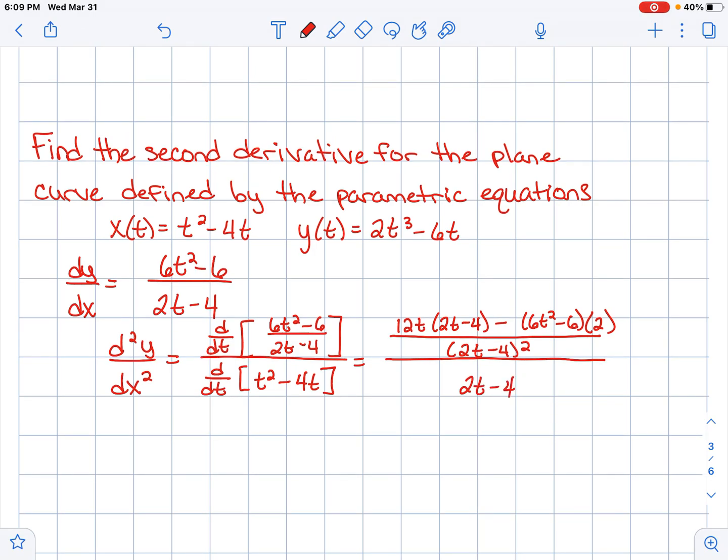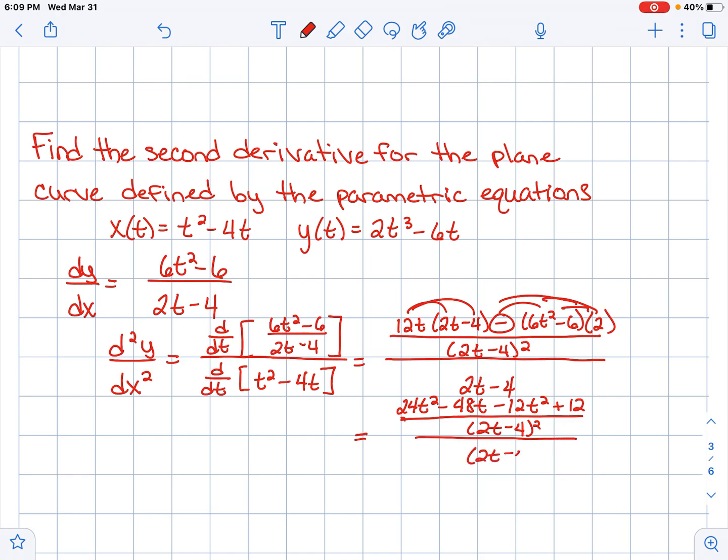We are going to take the time to simplify this because I think it's important for you to notice some things that are going on here. Simplifying is going to be important sometimes. So I'll distribute the 12t in here, and I'll distribute this negative and the 2 at the same time. All right, so looking at the numerator, I end up with 24t squared minus 48t. And then 2 times negative 6 is negative 12, so when I distribute the negative, it's minus 12t squared, and then this is all over 2t minus 4 squared, and all of this is also over 2t minus 4.